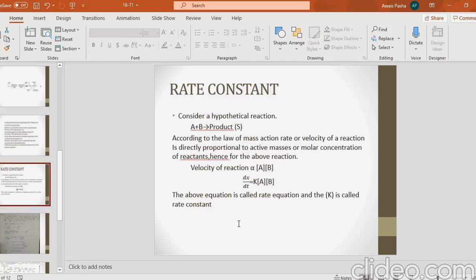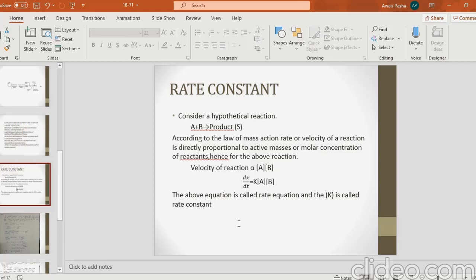What is rate constant? For any reaction in which the reactants A and B are reacting to produce a product, then from the law of mass action, the rate or velocity of the reaction is directly proportional to the active masses of the reactants, which are A and B. So when we put a constant, we remove the sign of proportionality.